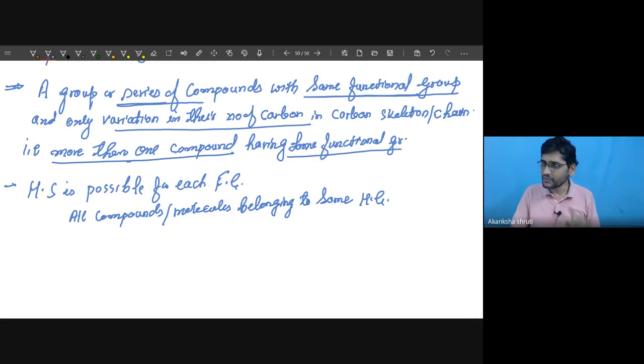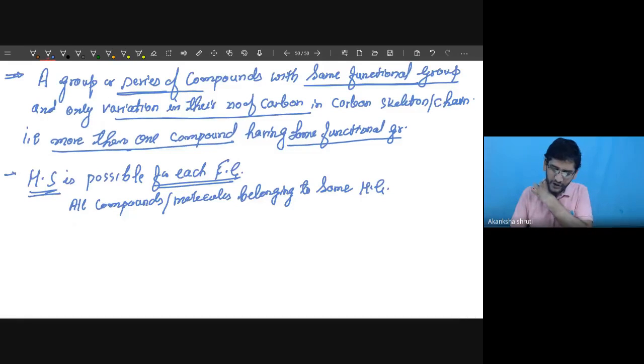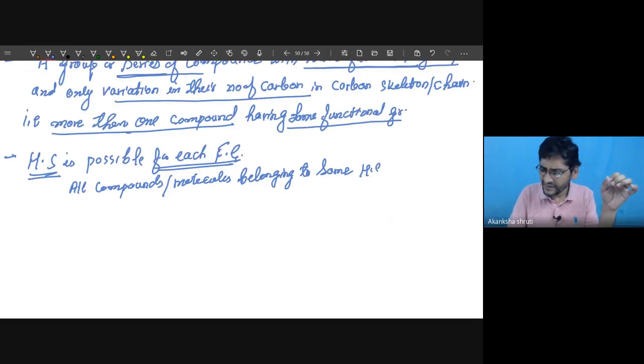Homologous series means a homologous series for each kind of functional group. Here I have written homologous for each functional group. So all the compounds or members belonging to the same homologous series or same functional group are its members.